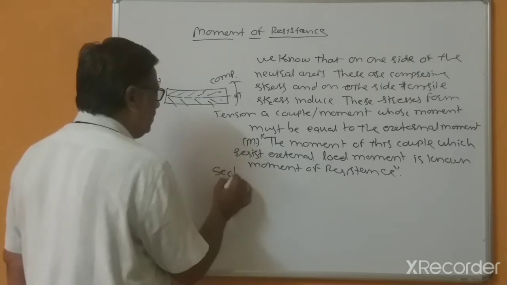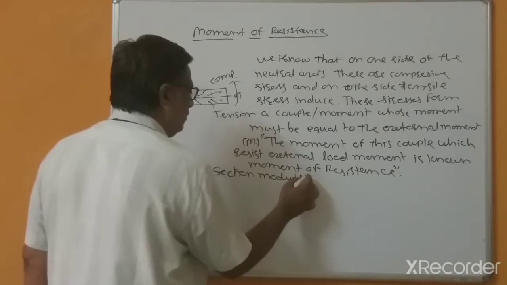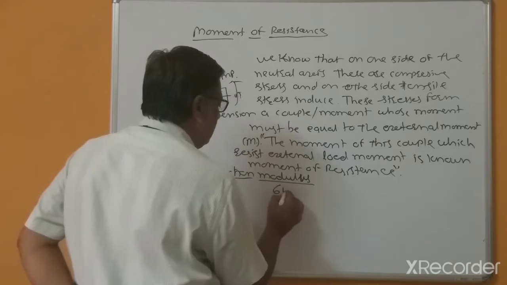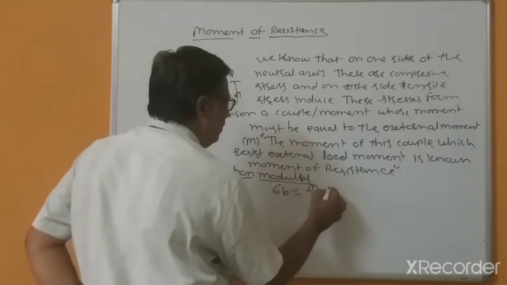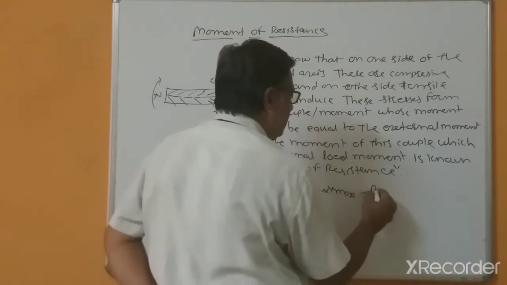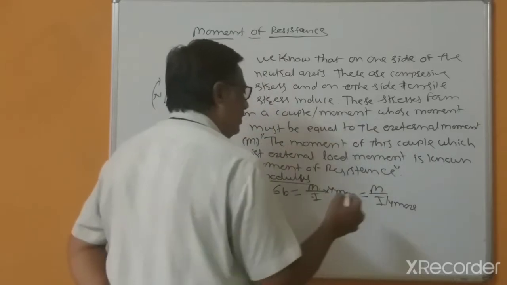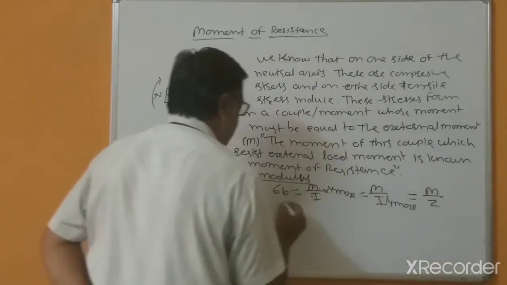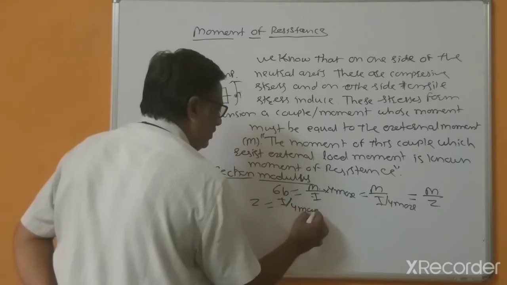The next definition is the section modulus. As you know, the bending stress formula is M divided by I into Y max. We can rearrange this: M divided by Z, or Z equal to I divided by Y max.